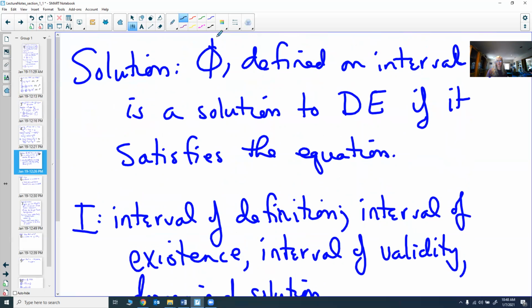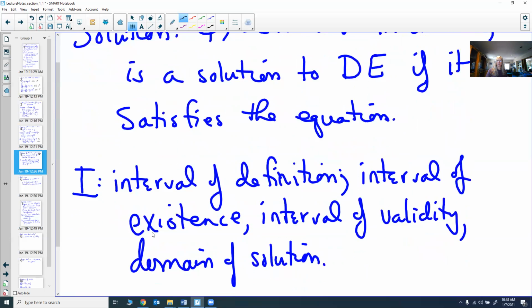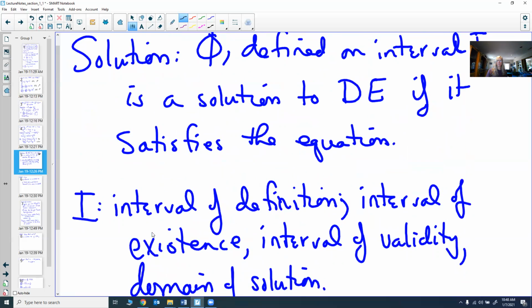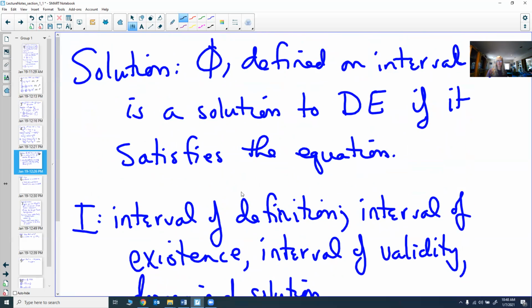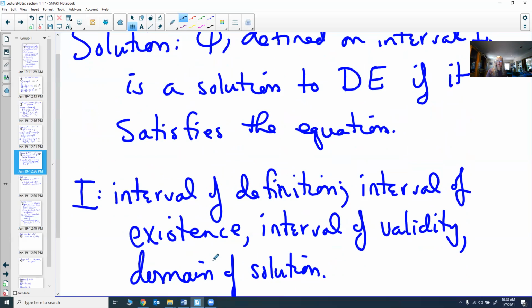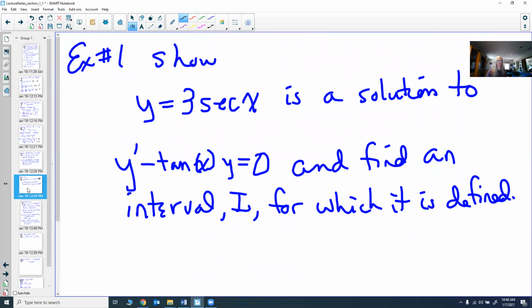When you have a solution, that function would have its domain. The I is a little bit different than that because it's the domain of the solution. What we mean by that is you're not going to have a discontinuous interval, like A and B or something like that. You're going to have just one section. So you'd have to look at that.